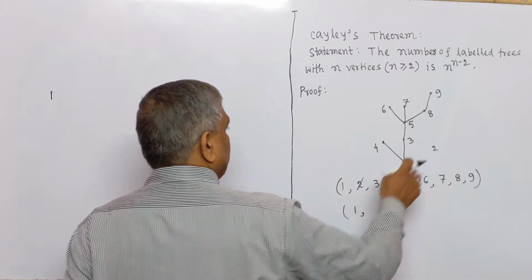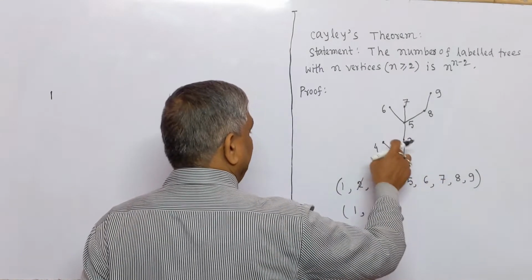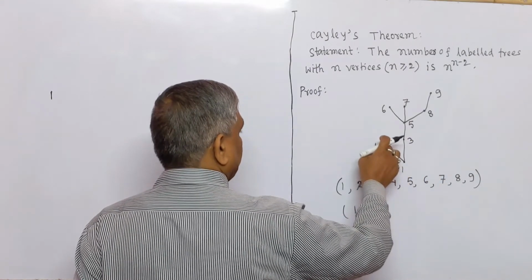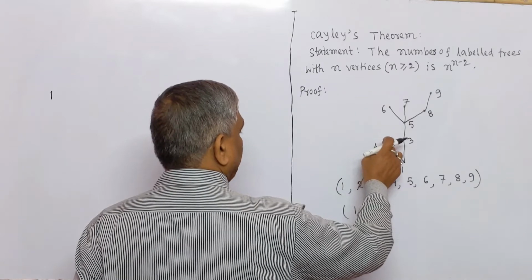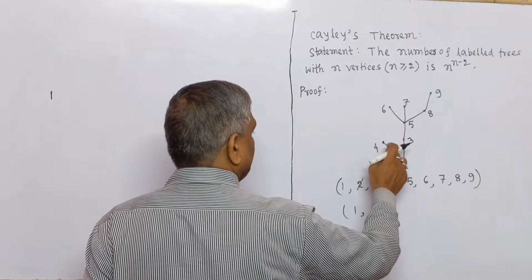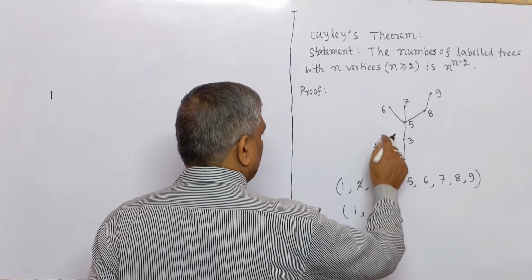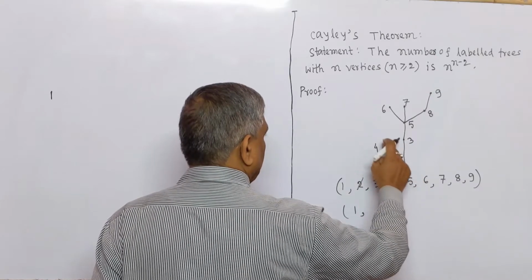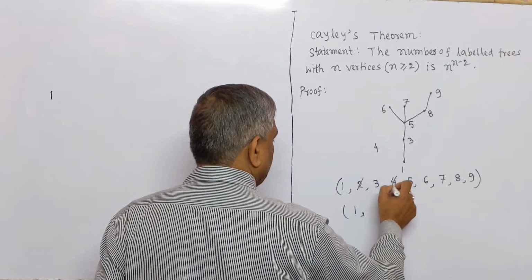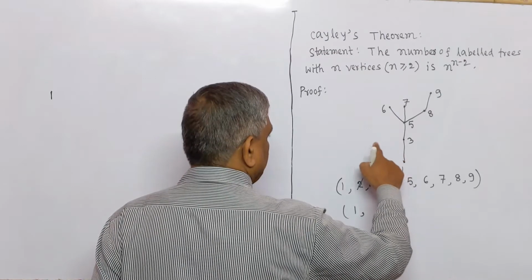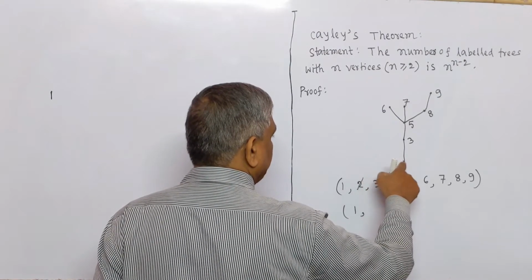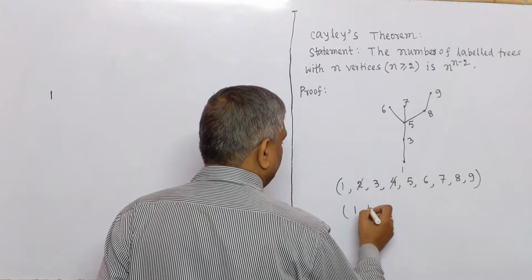Now, the smallest label pendant vertex is 4, we delete this and cancel this, and this is adjacent to vertex 1.